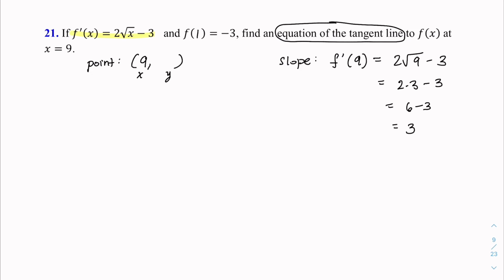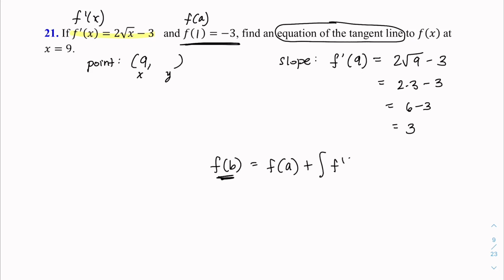But now for the point. Well, normally I could just plug in 9 into my f function, but I don't have f. I only have its derivative. So since I have f of a and I have f prime of x, we're going to use the net change corollary, or the net change theorem, which says to find the endpoint on an original function, take a starting point and add to it the change.